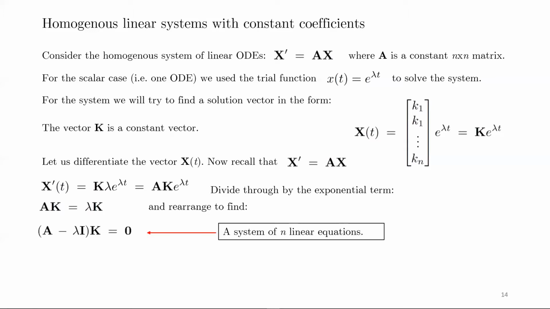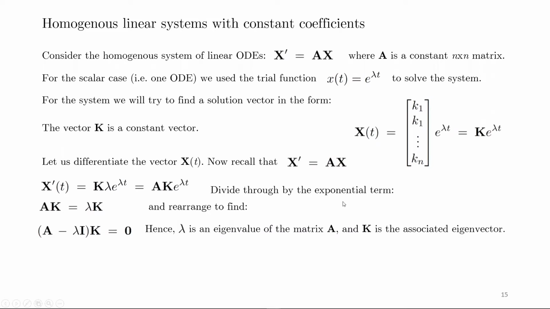Of course, I can rearrange this, and you may recognize this system of n linear equations: A minus lambda I times k equals the 0 vector. I is the n by n identity matrix. If you recognize this equation, you probably took linear algebra in first year, because therefore we say lambda is an eigenvalue of the matrix A, and k is the associated eigenvector.